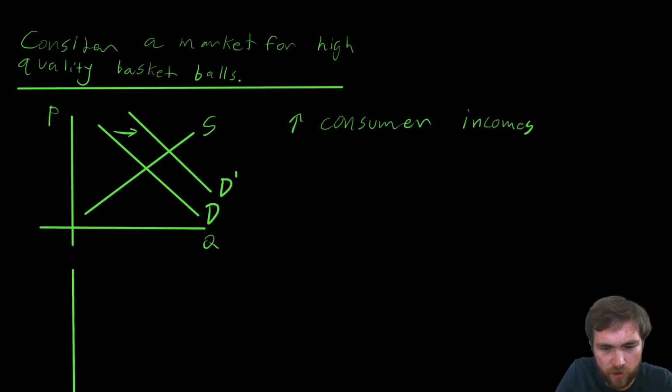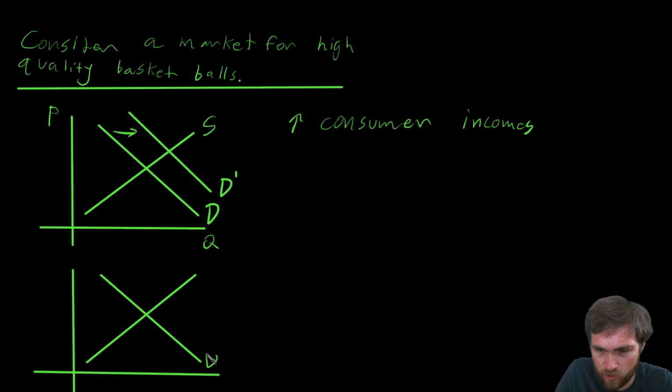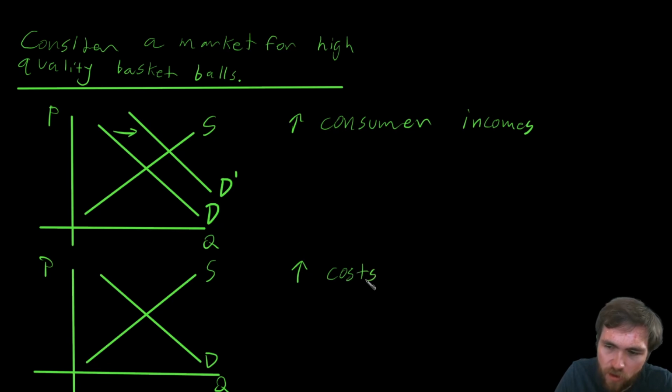Let's consider another example. So drawing up my graph just like before, demand, supply, Q, P. Let's suppose that there is an increase in the wages paid to the workers who make these basketballs. So we've got an increase in costs of production.